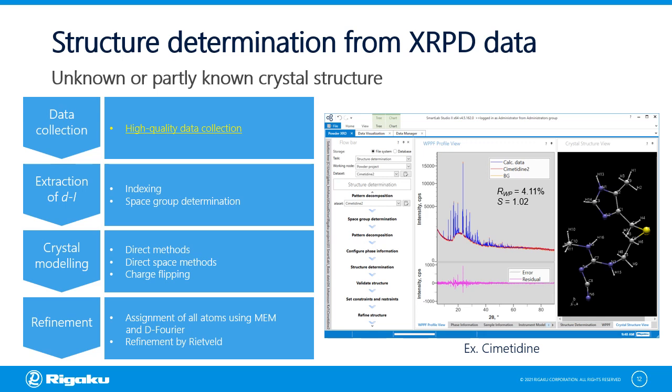First, to record high quality XRPD data, we may need monochromated X-ray. As you may know, a conventional X-ray source generates two different characteristic lines called K-alpha-1 and K-alpha-2. These lines have slightly different energies, meaning they show two peaks that overlap each other.